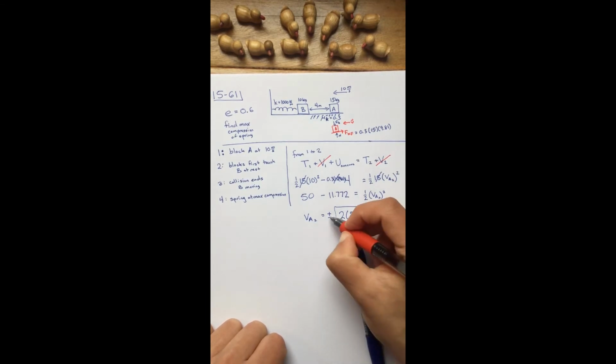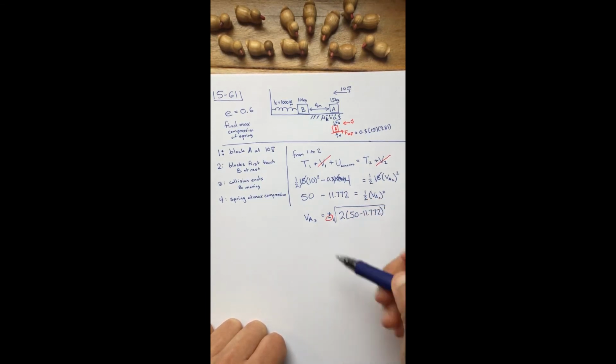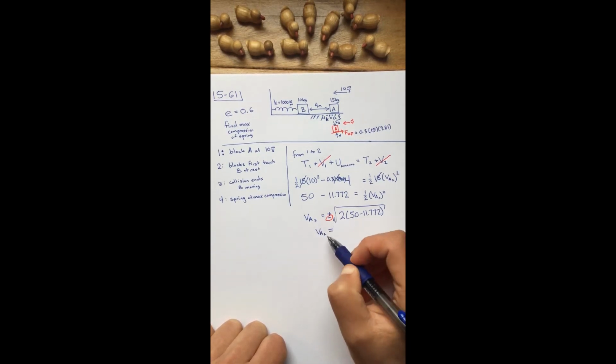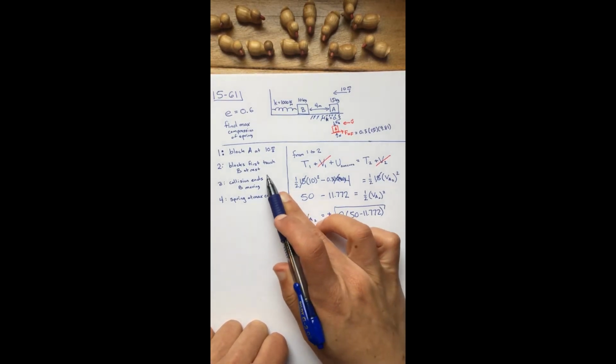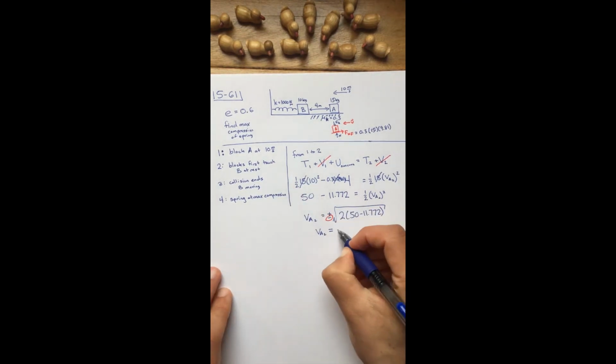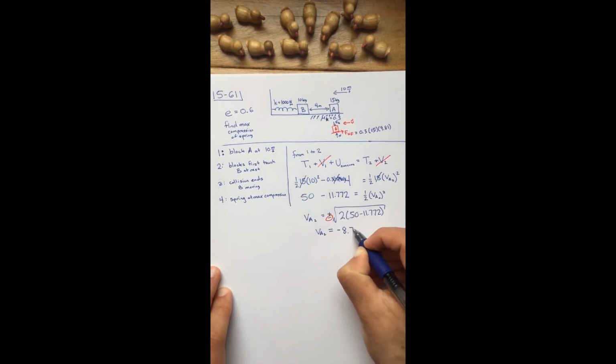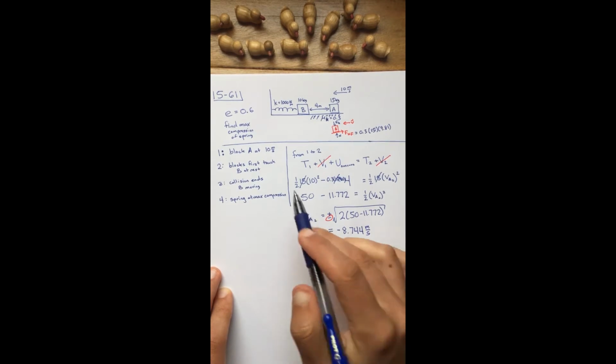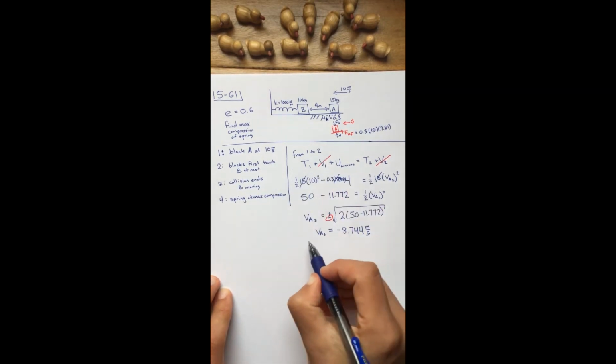So I want the negative sign here. And I get VA2, which is the velocity of block A when it first touches block B before block B begins to move, and that is negative 8.744 meters per second. So that was going from event 1 to event 2.